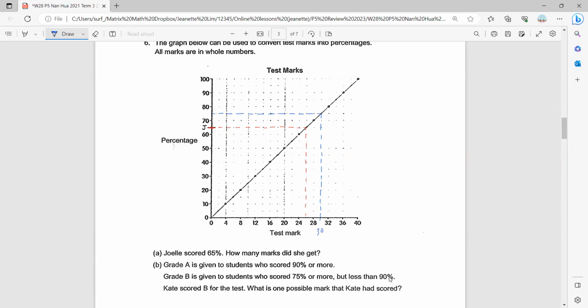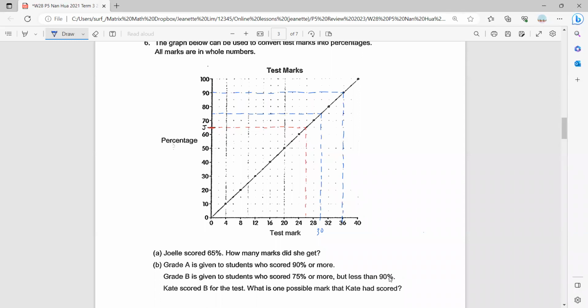Then 90%, let's find what's 90%. So 90% and above, you get A. So 90% is 36.